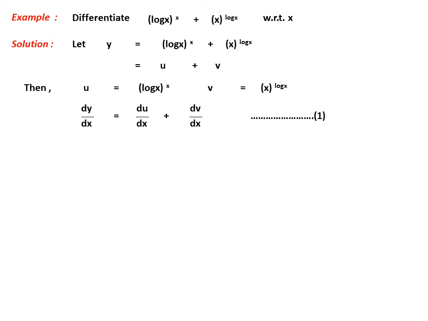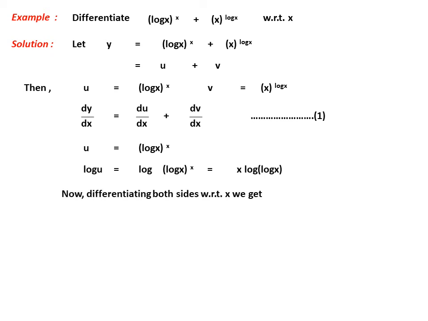Now first let us differentiate u and find du by dx. Similarly, let us differentiate v and find dv by dx. So u equal to log x to the power x. Therefore log u equal to log of log x to the power x, that is x log x. Now differentiate: 1 by u du by dx equal to d by dx of x into log x.